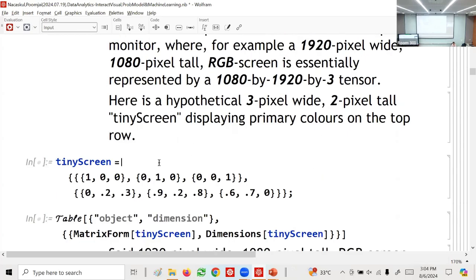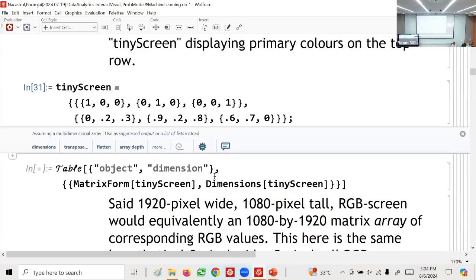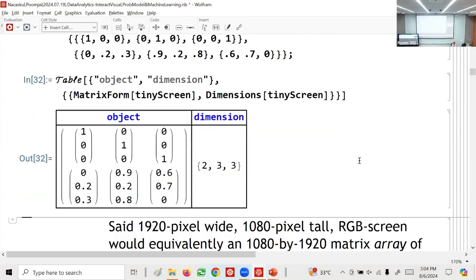So a tensor, a tiny screen. Let me show you one. Why do I say this is a tiny screen? Because instead of having 512 rows of pixels, I only have 2 rows of pixels.